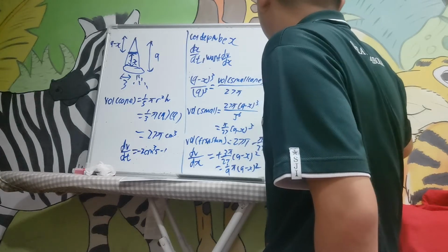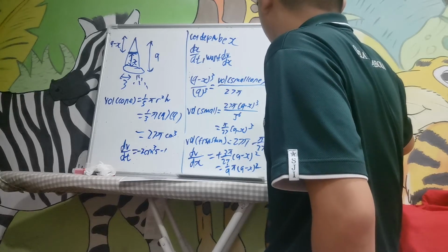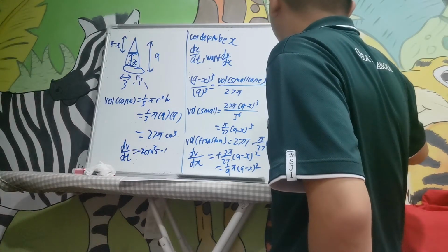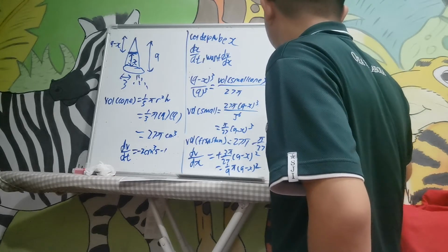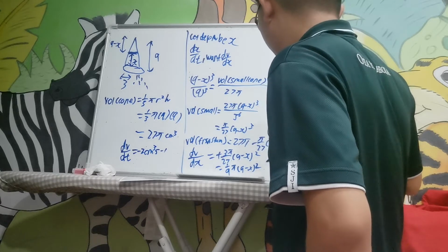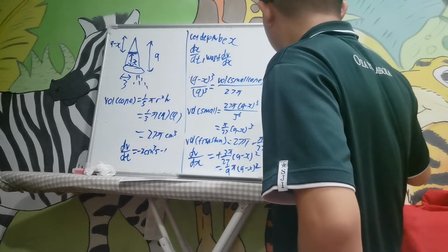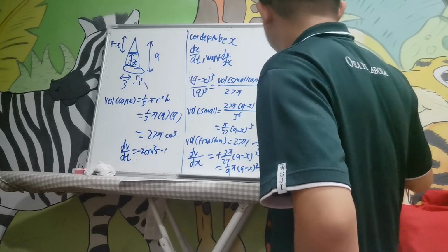dx/dt equals dV/dt divided by dV/dx, which is equal to negative 2 divided by pi over 9 (9 minus x) squared.